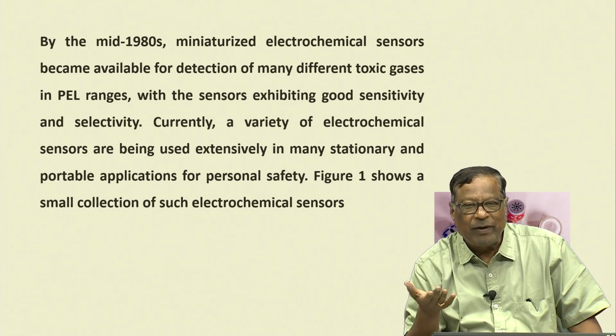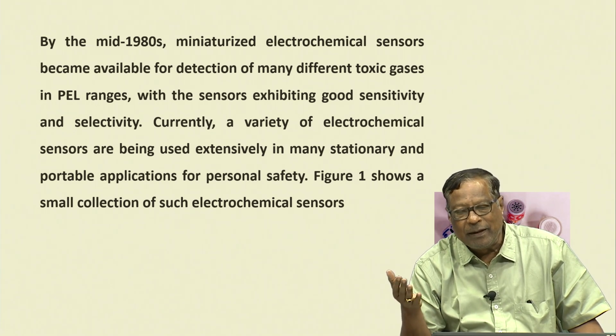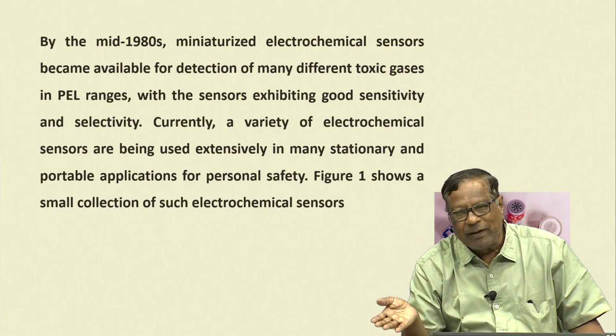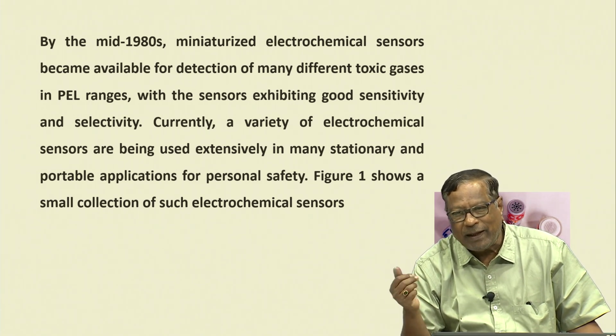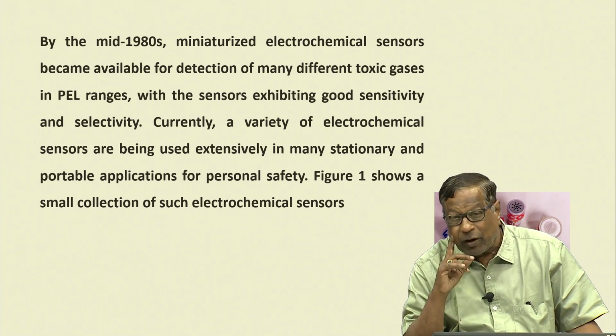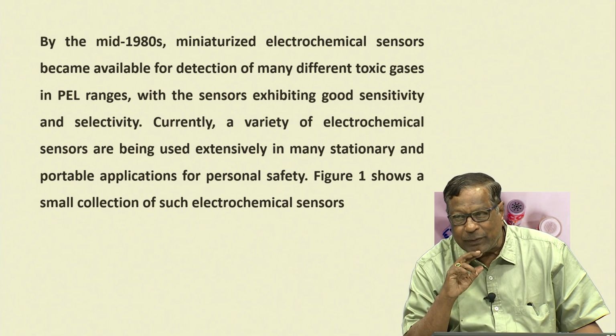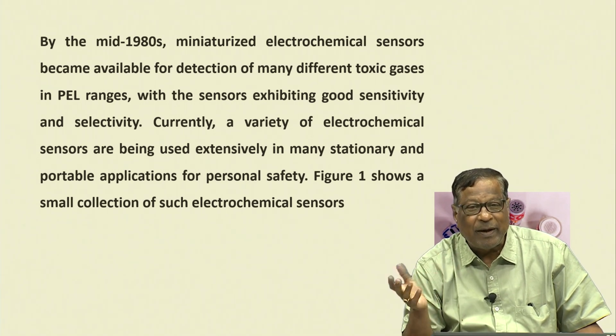For example, if a sewer or something is to be repaired, a person goes down the sewer, there is no oxygen, a lot of hydrogen sulfide will be there, he will suffocate and die. Such things we keep on seeing in the newspapers all the time. We also come across situations where a person is confined in a particular place, especially mines.